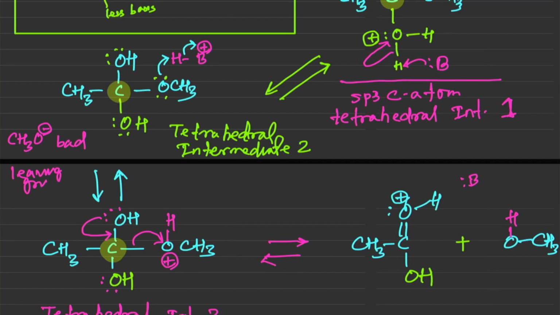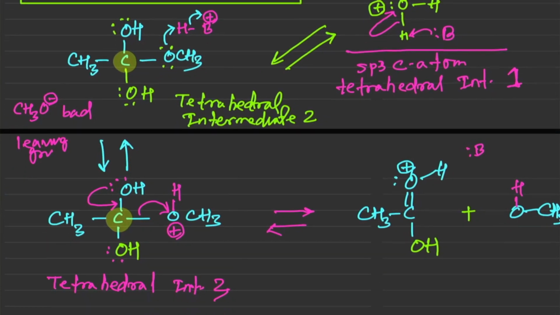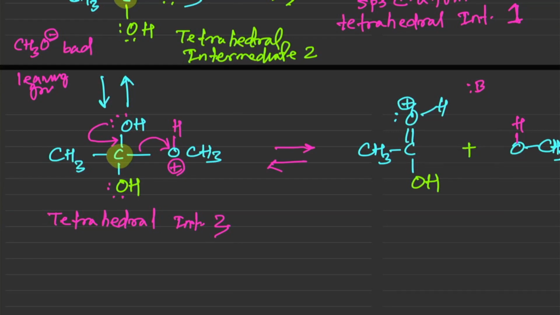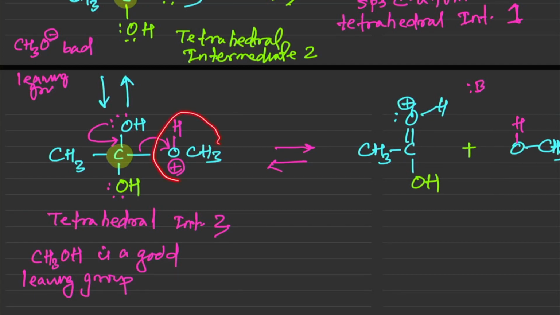So here CH3O minus would have been a bad leaving group. But here CH3OH is a good leaving group, because it's less basic. So by protonating the oxygen here, we created a better leaving group.